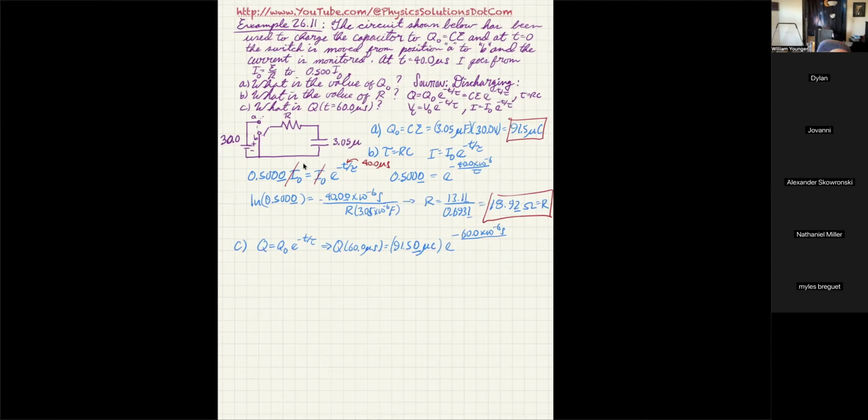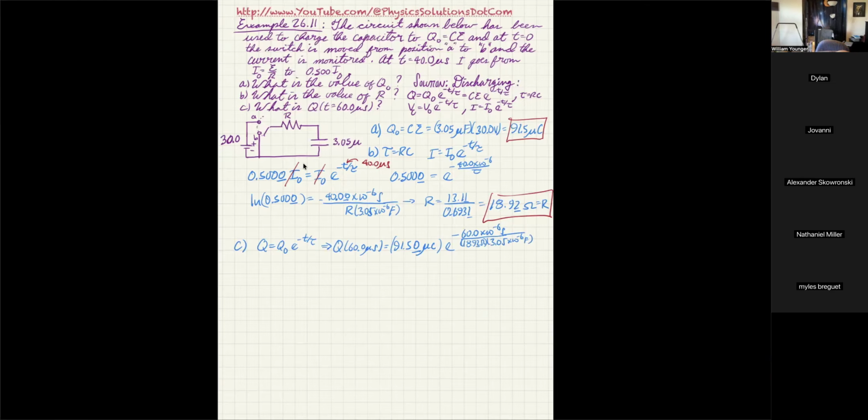The time constant we can now figure out, since we know R and we know C. That's going to be 18.92 ohms times C, which we know was 3.05 times 10 to the negative 6 farads.